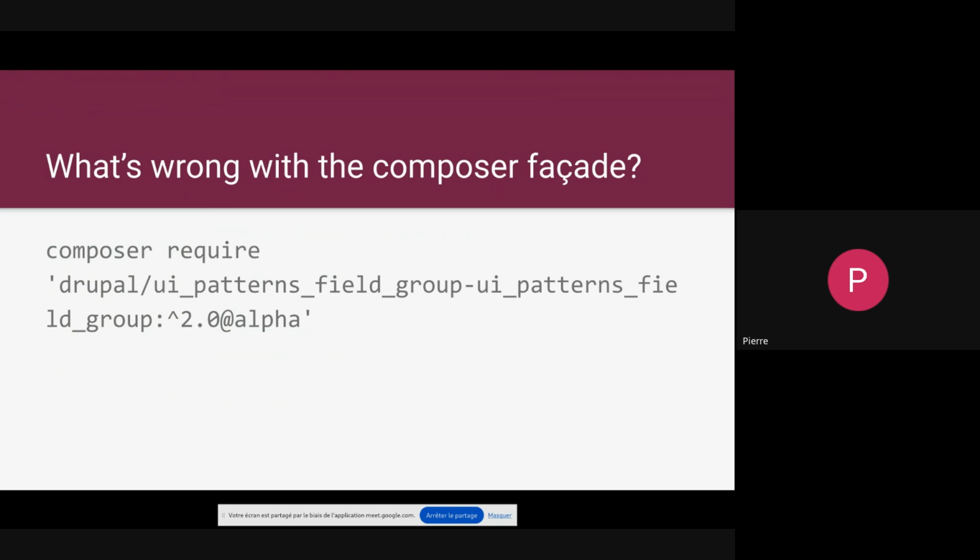You see, UI pattern field group dash UI pattern field group is because UI pattern field group was a submodule before, so the namespace was reserved by UI pattern, and now it's impossible to have it for the module. So it's very annoying. It will create a lot of trouble for our users because they will want to install UI pattern field group and they will get UI pattern 2 instead. But we don't know how to fix that.